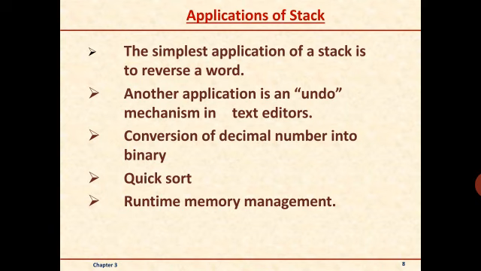In such a mechanism, we use the stack. The third application of stack is converting a decimal number into a binary number. We can write a program to convert a decimal number into a binary number, and during that we have to use a stack. One more application is quick sort.